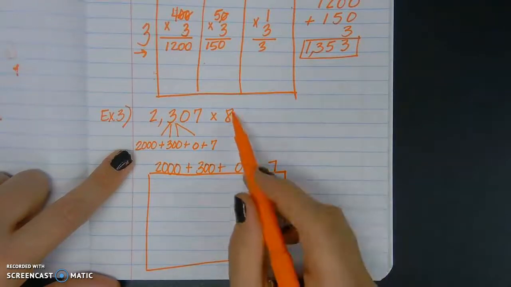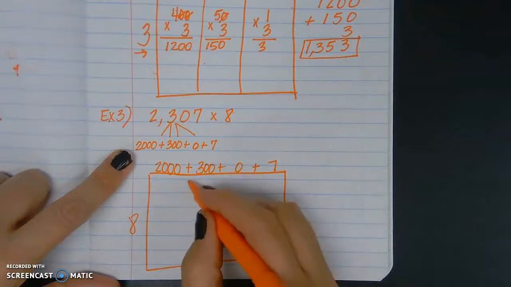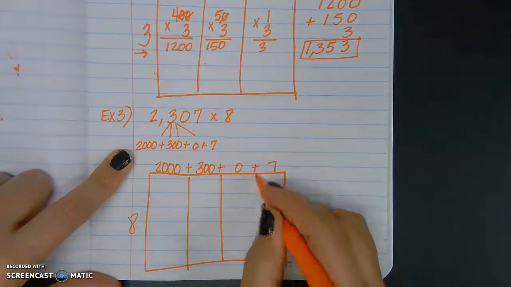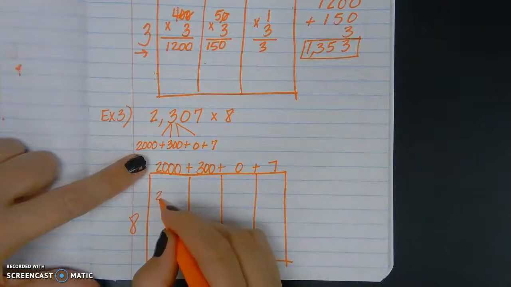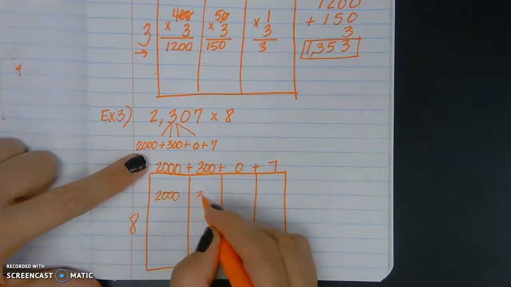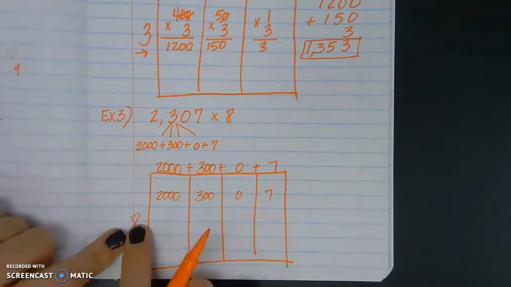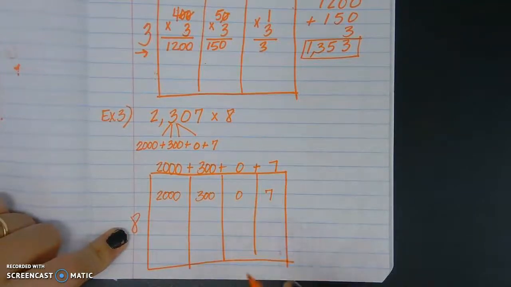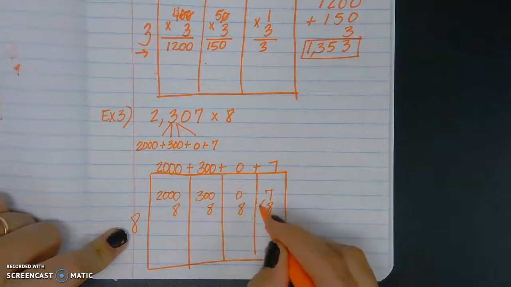And my other factor of 8 goes on this side. Everywhere there's a plus sign, switch box. Okay, now I'm going to bring my numbers down the elevator. So 2,000, 300, 0, and 7. My 8 slides across and visits all of them. 8, 8, 8, and 8. Now I'm ready to multiply.